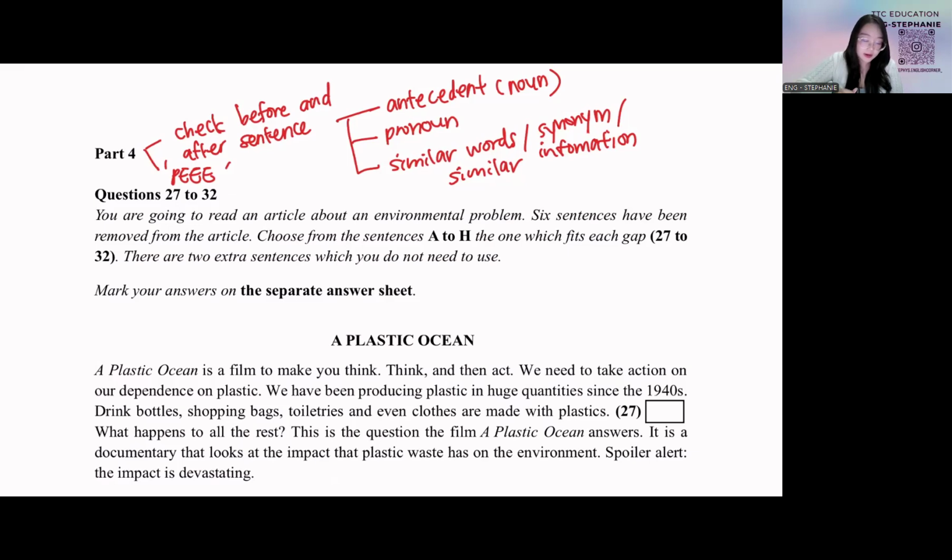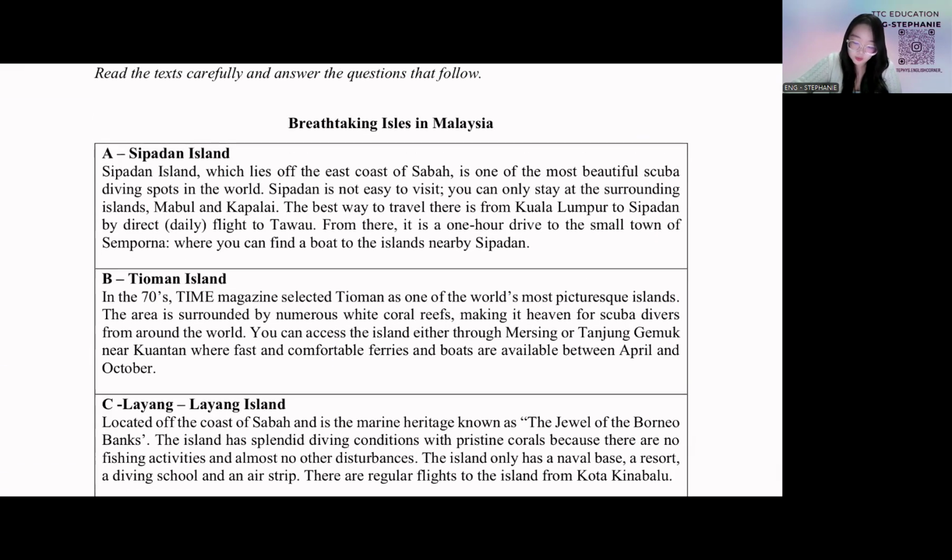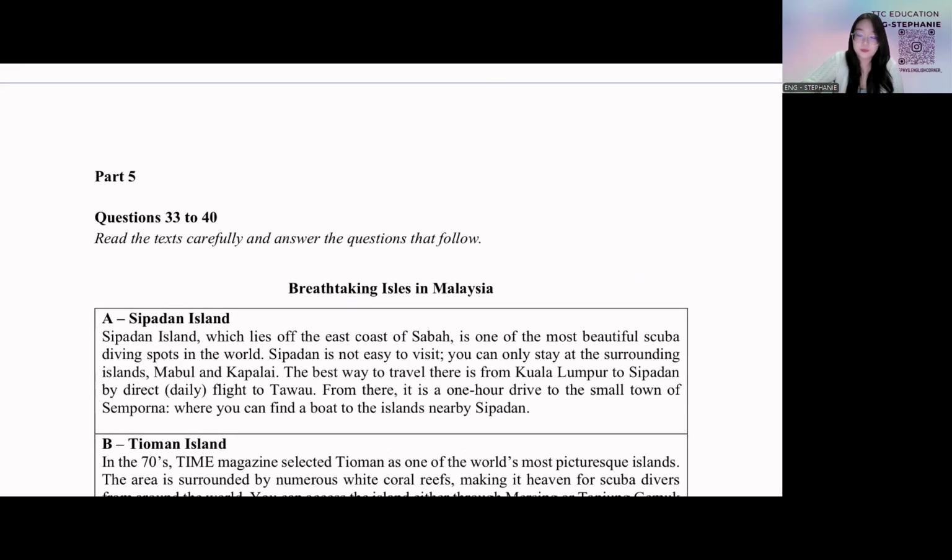All right, and the very last one will be your part 5, which is in your page 23. Is it 22? Okay, part 5. So for part 5, one thing sahaja, it's all about your keywords. Because the question is like information transfer plus short answers.